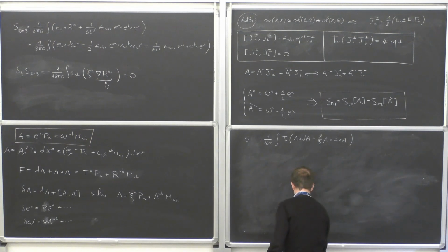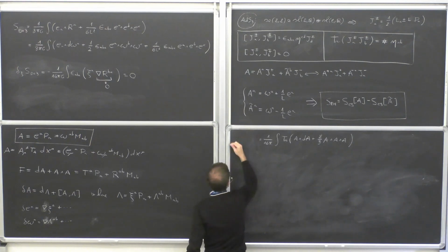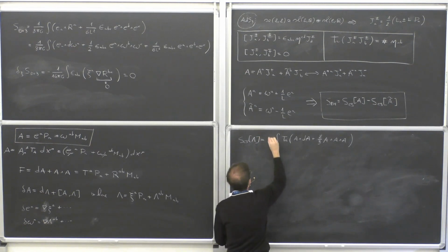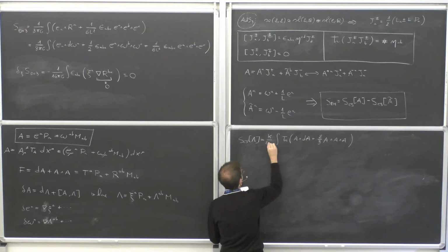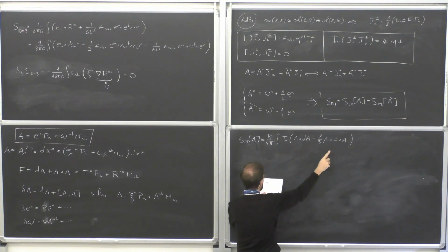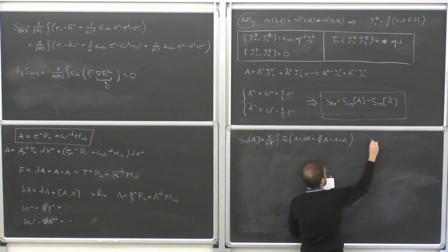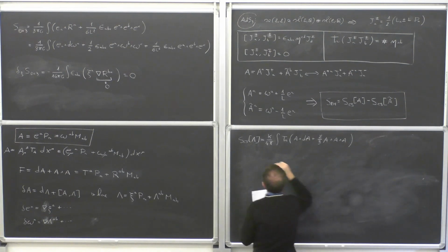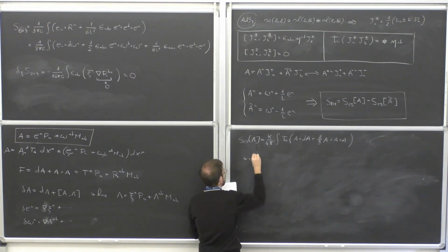So let me rewrite it like this, just to emphasize it. It's something that I will write in the form K over 4π. That takes the same form. Well, let's put it like this, with two pieces of information that you need here to complete the identification.